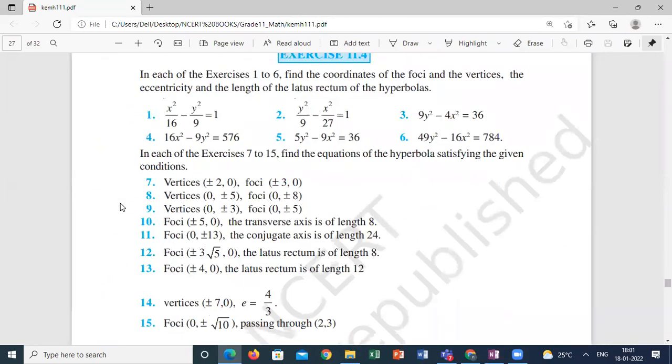Same as ellipse, they give the hyperbola equations and ask us to find the coordinates of the foci, vertices, eccentricity, and length of the latus rectum. Here they are not talking about the length of the transverse axis and conjugate axis. These four points are important related to hyperbola. Based on this, we'll see the numericals in the next class.